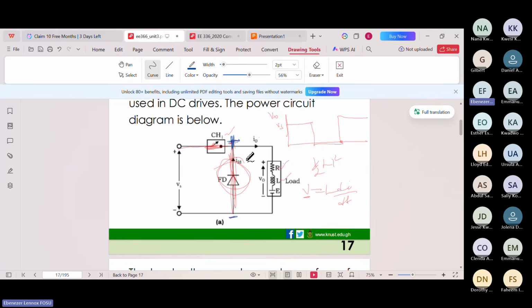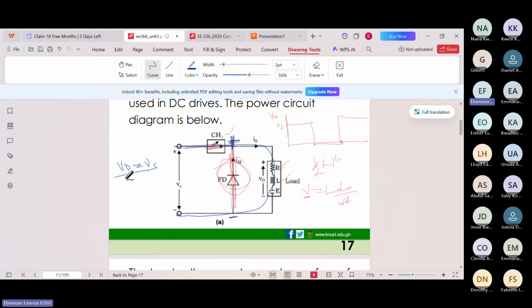So you have power flowing from the source to the load. During that time, power will be flowing from the source to the load and back to the source. That is what will be happening. So that's how the current will be flowing. So when you apply KVL, you see that V naught is equal to Vs, right?